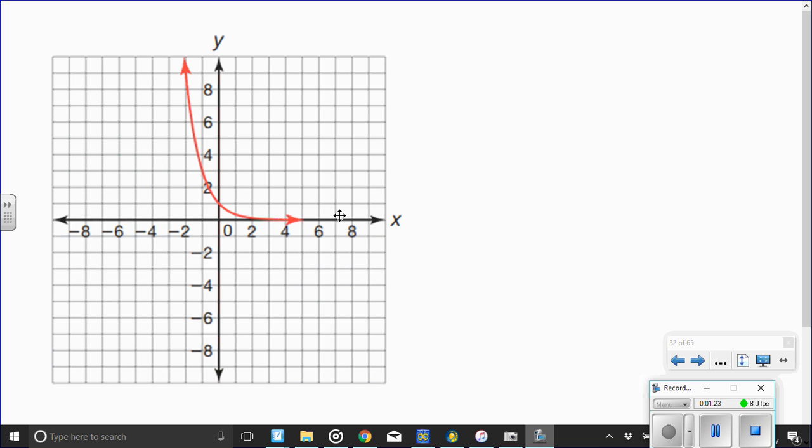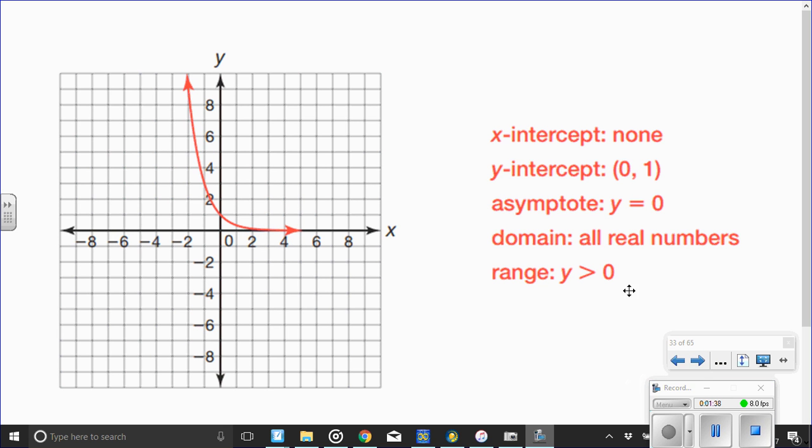You'll never cross the x-axis, but it's just going to keep going this way. So it's going to include all your numbers for your domain. So your domain is going to be all real numbers. Okay. So that's this answer here. Domain is all real numbers.